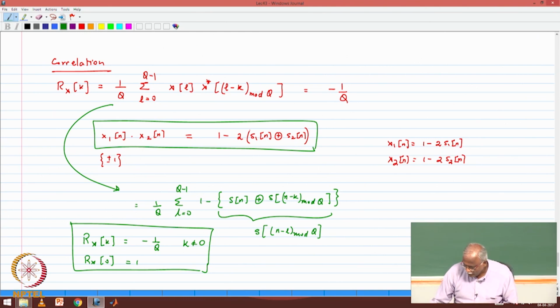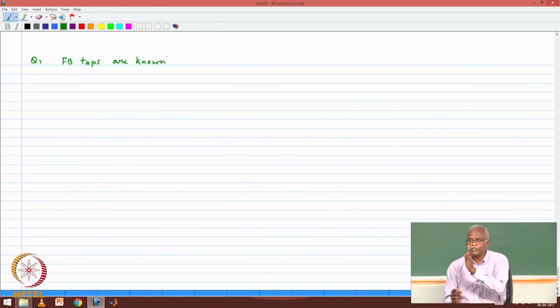Now comes the very, very interesting and important results. First of all, a couple of observations. These are PN sequences, correct? Now, if you knew what the feedback taps were, so question number 1. You know the shift register feedback taps are known. How many outputs should you observe before you can figure out the rest of the sequence?